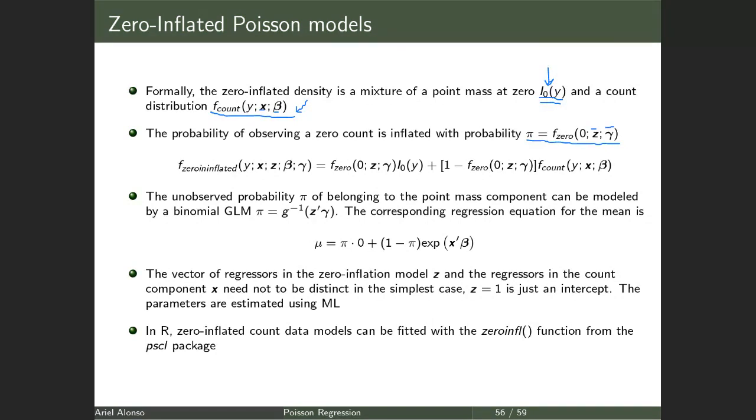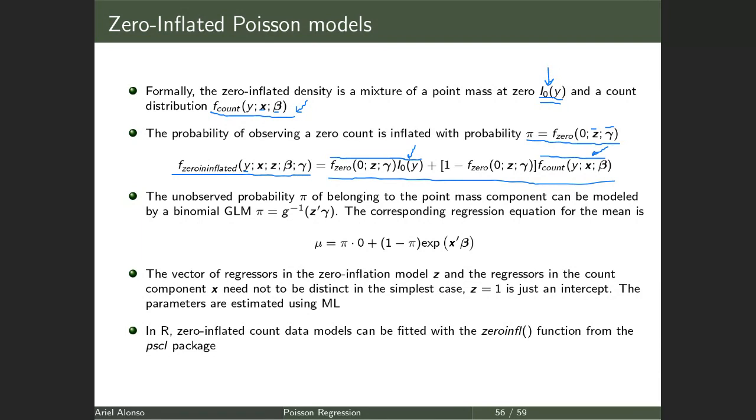Now, what is the zero inflated model? The distribution of Y now is a mixture between two distributions. And what is the probability that Y takes a certain value? Well, it depends where the individual is. It's a mixture between this distribution that is completely concentrated on zero and this distribution here that follows a Poisson distribution.